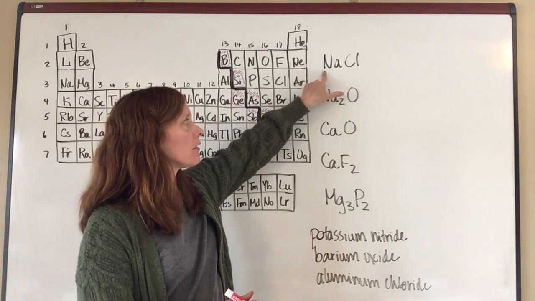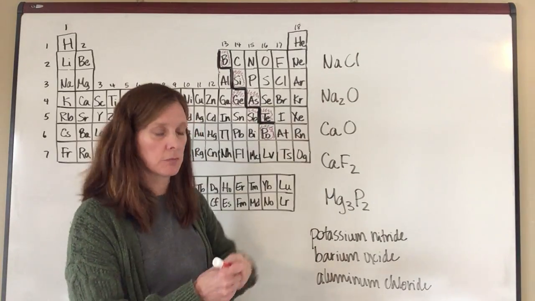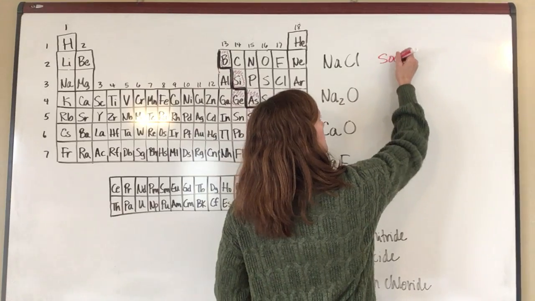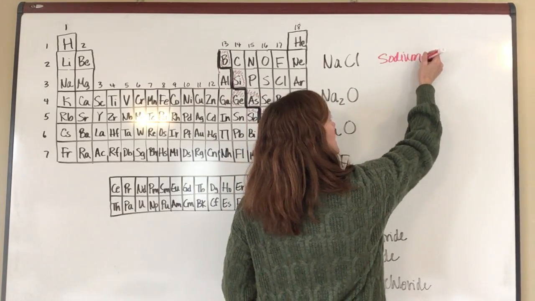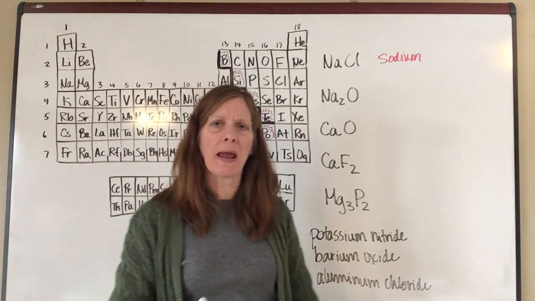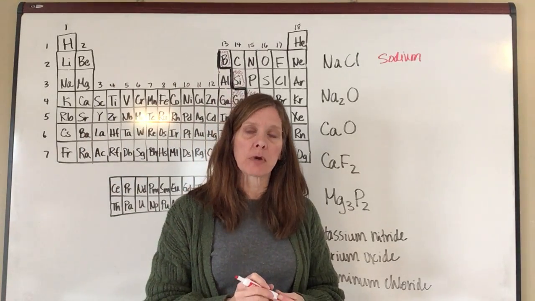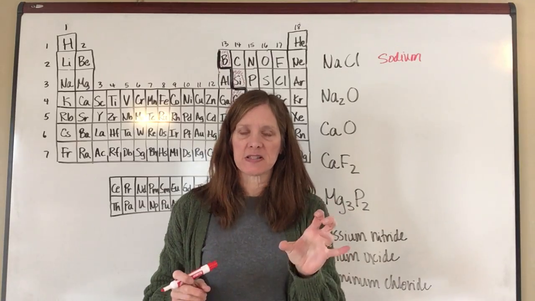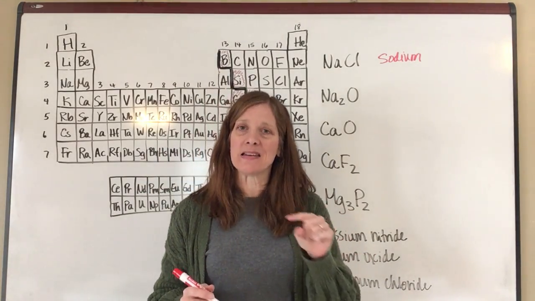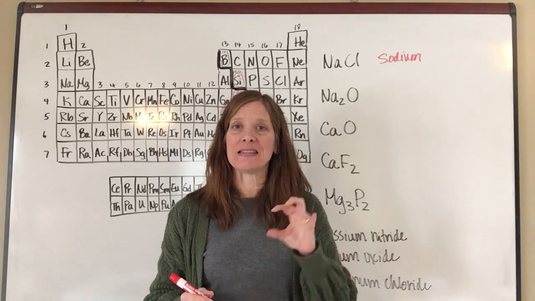The first element here is sodium. So the first word in the name is just sodium. The second element is chlorine, but when I name a compound, I'm going to take the suffix that's on the end of that, and instead of making it an INE, I'm going to make it an IDE.